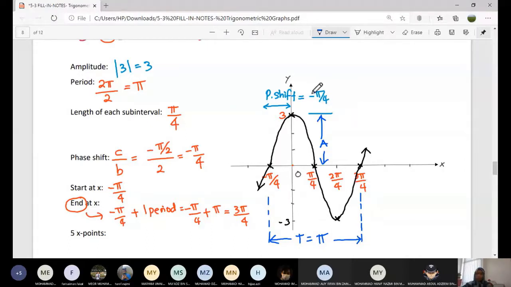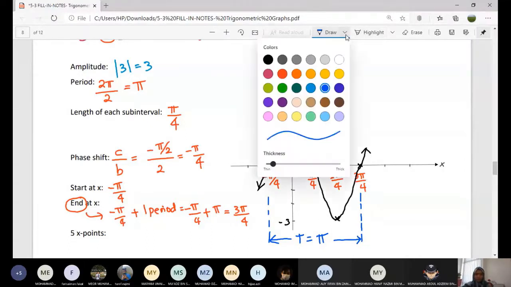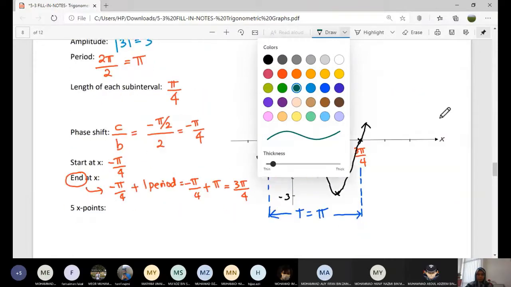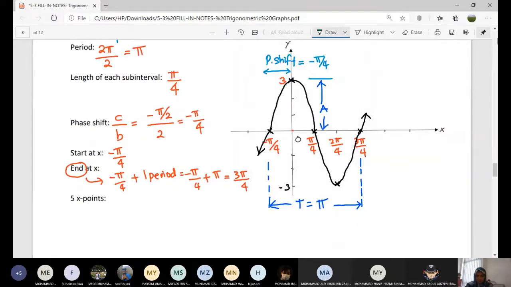Remember to also write the coordinates for the 5 key points. The coordinates for the 5 key points: we have here 3 pi over 4, 0. This is pi over 2, and negative pi over 4, 0. And then this is 0, 3.